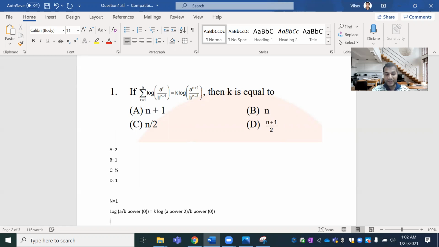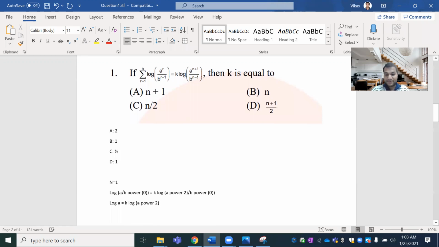So what does that mean? It will be log a is equal to k log a power 2, and upon this is b power 0, which is nothing but 1.